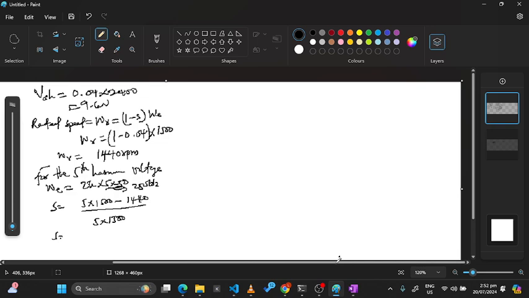So the new slip will be 0.083, like 8.3%. So the slip has increased from 4% to 8.3%. I hope that makes sense.